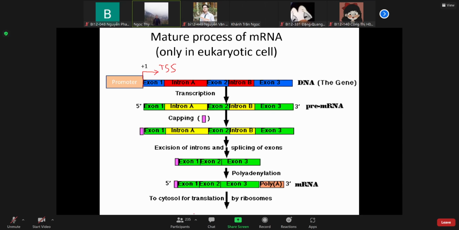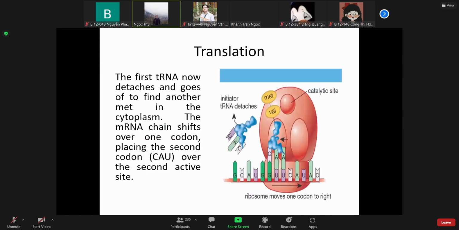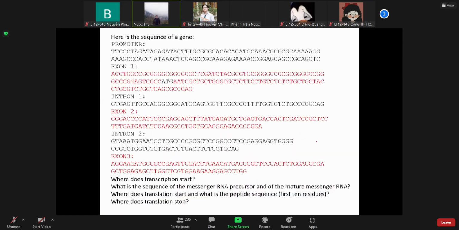So as a result, we can see that the precursor includes all the sequence from here to here, and the mature messenger RNA includes only the exons: exon 1, exon 2, and exon 3. Okay, all right, so your answer is correct.